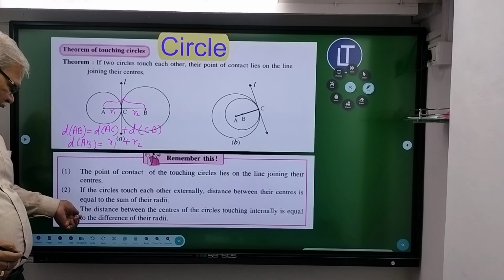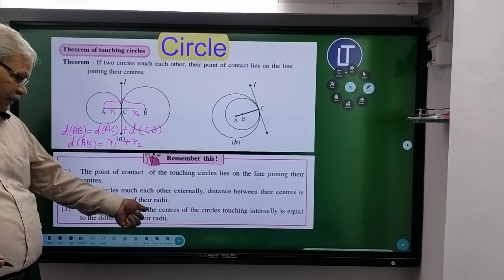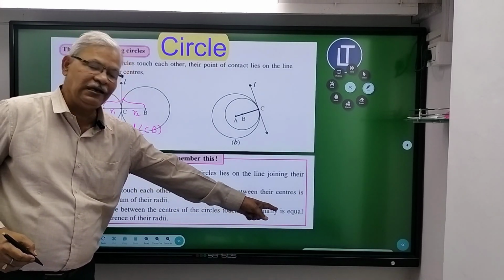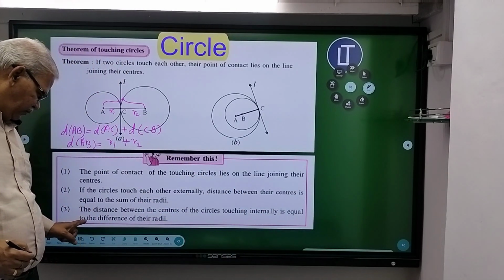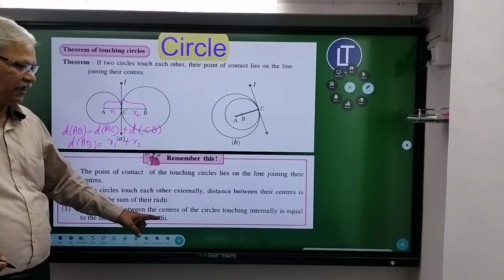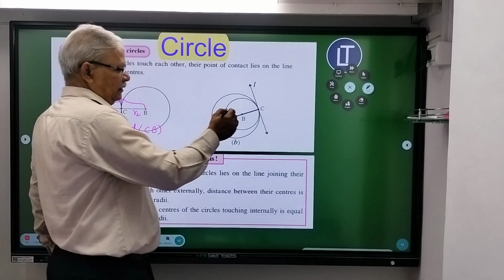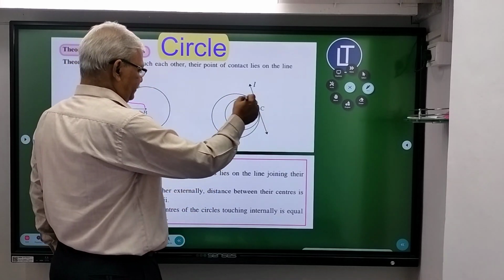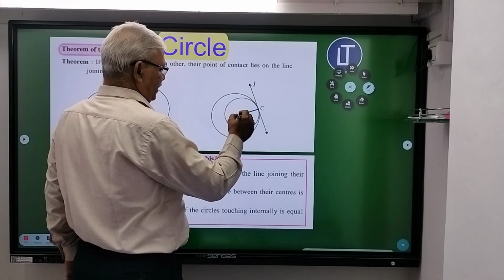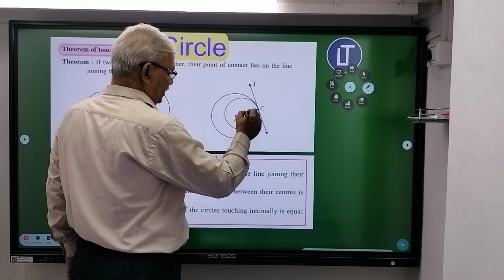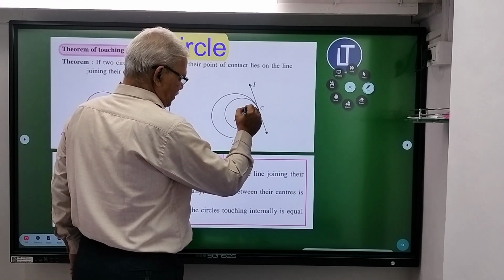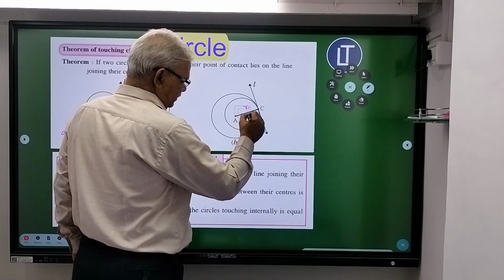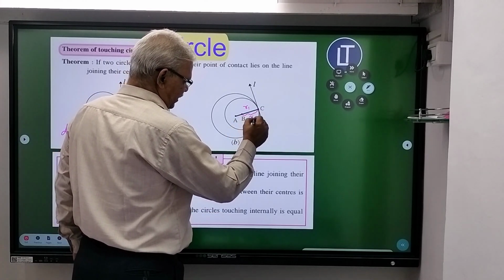Now the third one: the distance between the centers of circles touching internally is equal to the difference of their radii. Here these two circles are touching internally. Consider that AC is R1 and this part is R2.